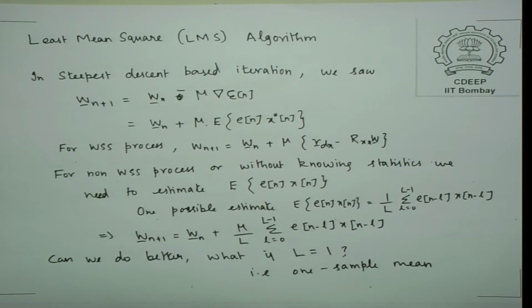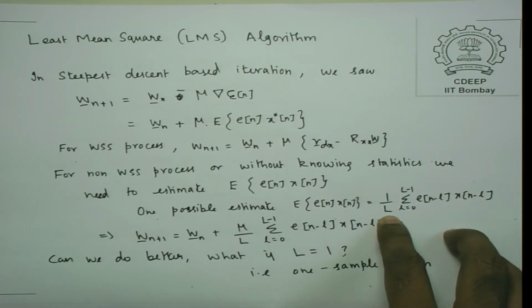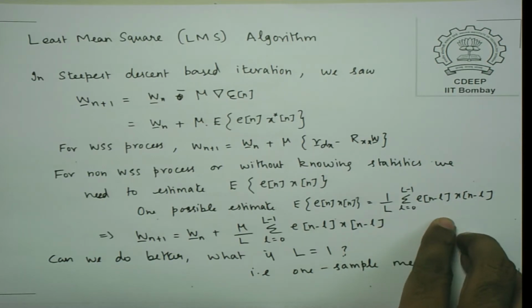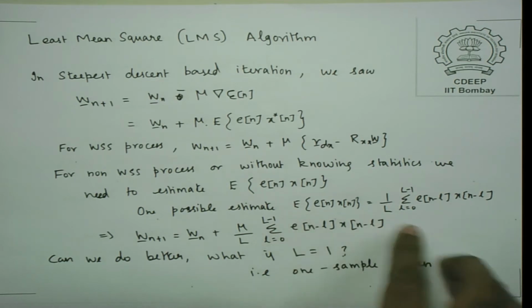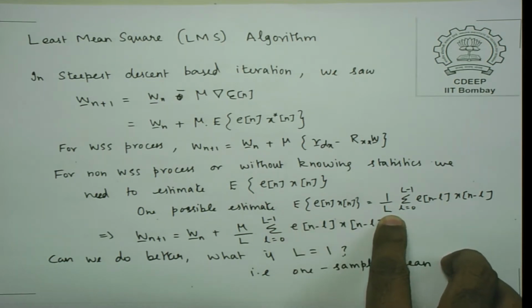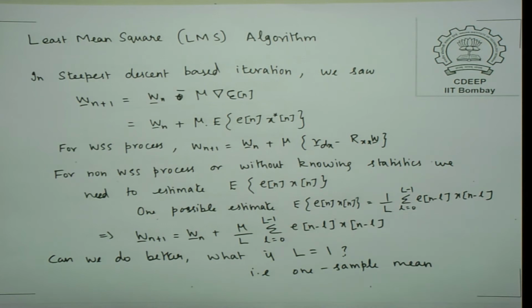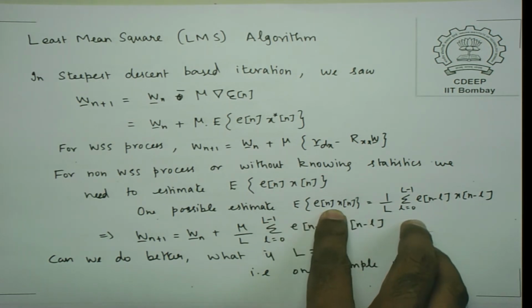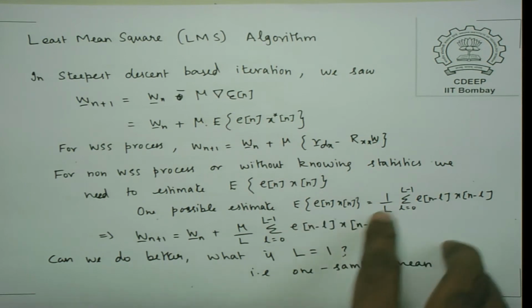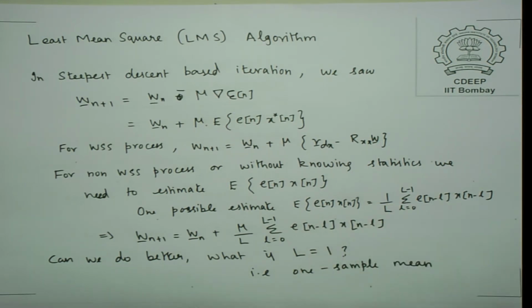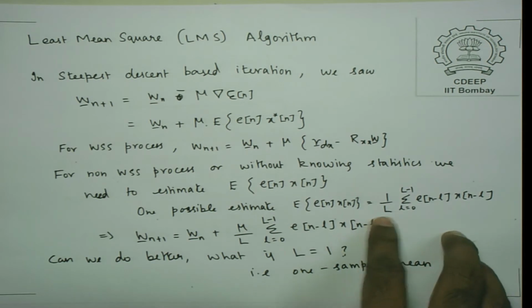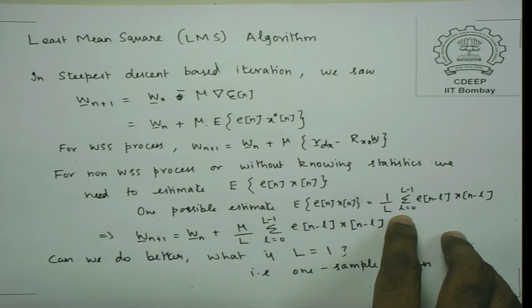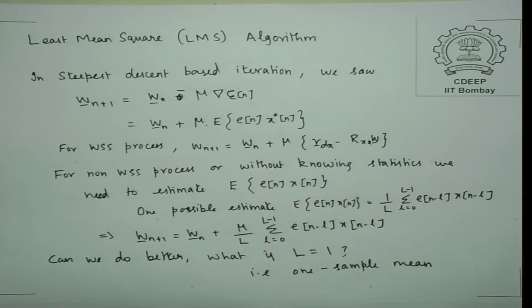But there is one minor disadvantage with this approach: how good this estimate is depends on how large this L is. If you make L larger and larger, we could expect the statistics to be better, but that is again not guaranteed. That depends on the so-called stationarity of the signal. If it is more or less white and stationary, L would not play a bigger part and we would always get a good estimate of the expectation.